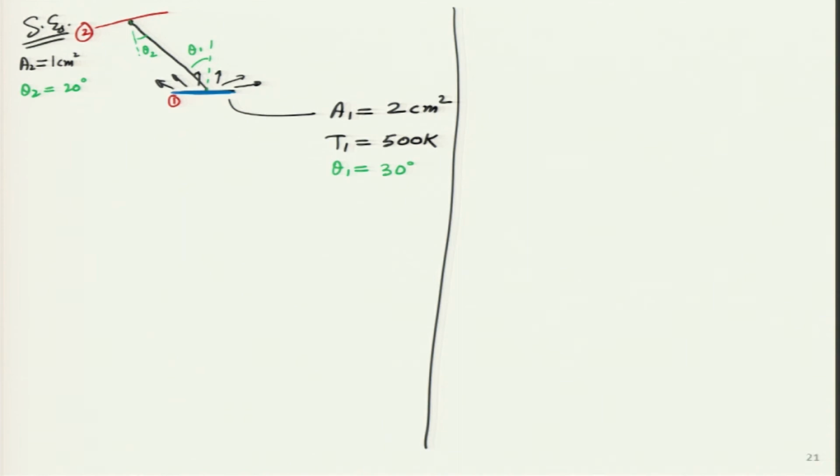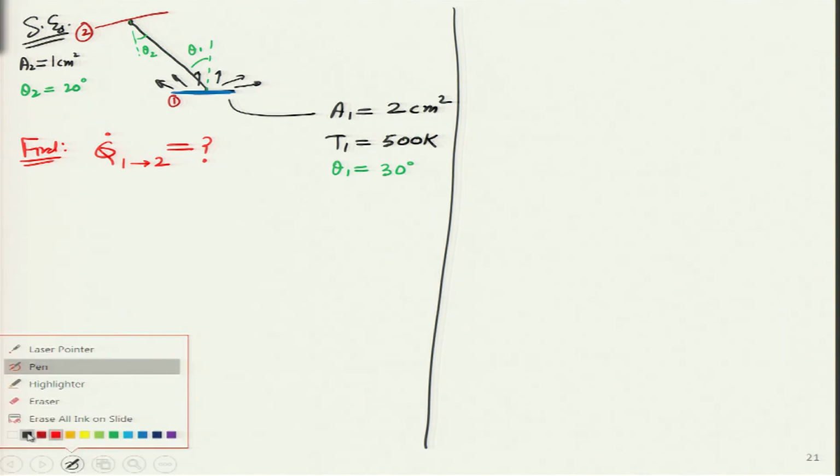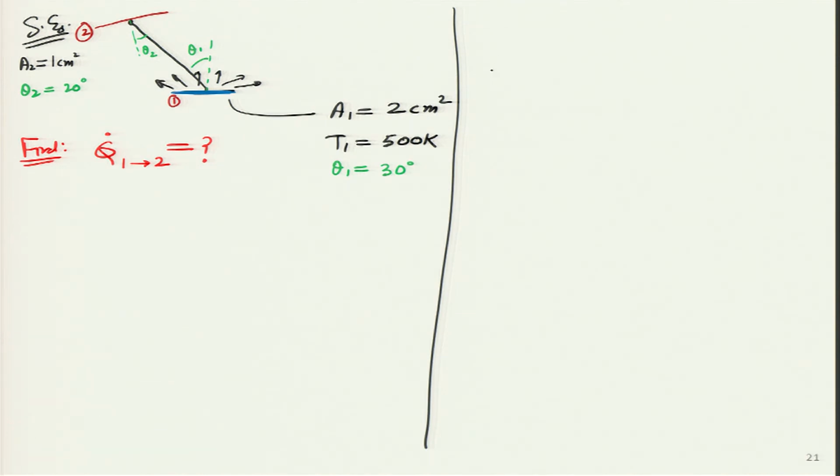Before I solve, what I want to calculate over here is the same question that I have asked for a long time: what is the rate at which energy leaving surface 1 is striking surface 2? How many watts are able to leave surface 1 and strike surface 2? Just to give an illustration to students, what would happen if theta 1 and theta 2 both were 0 degrees, then what would the configuration be like?